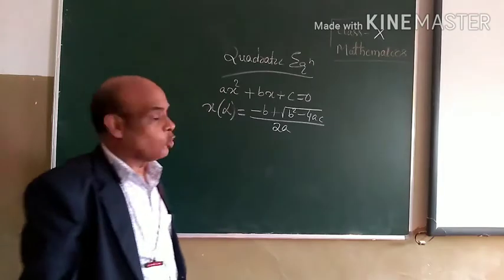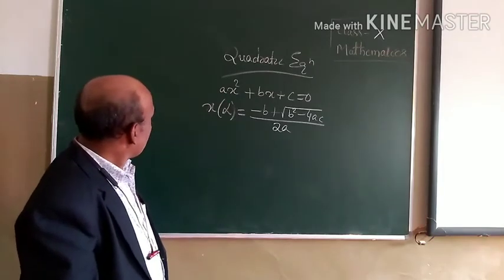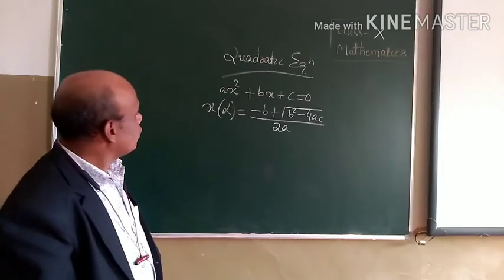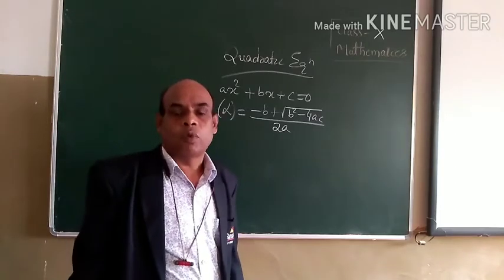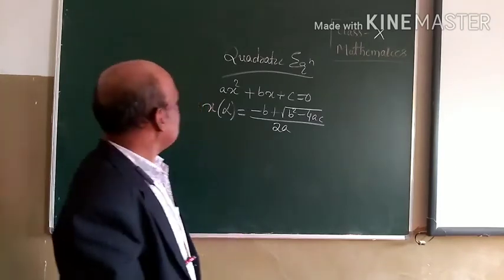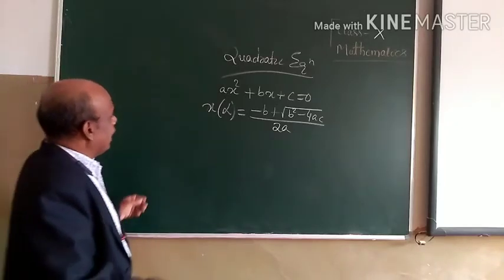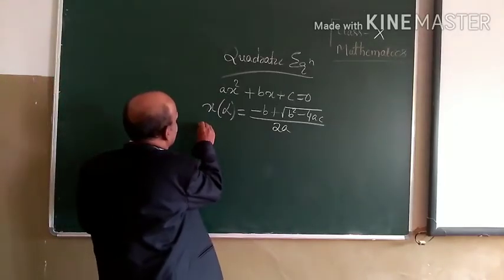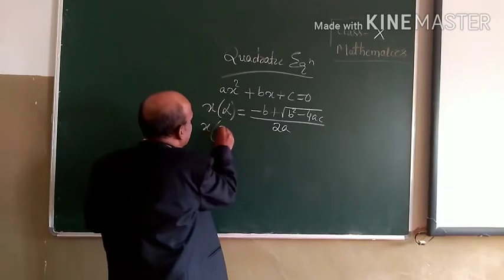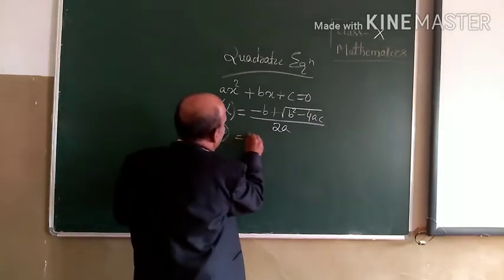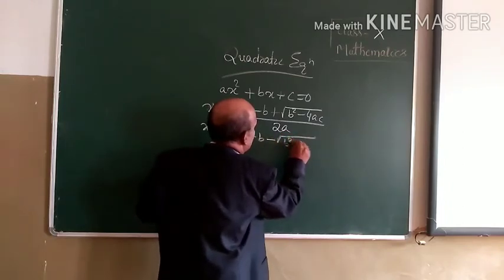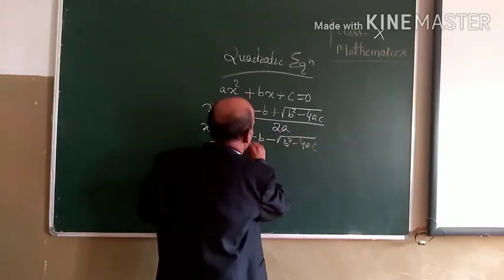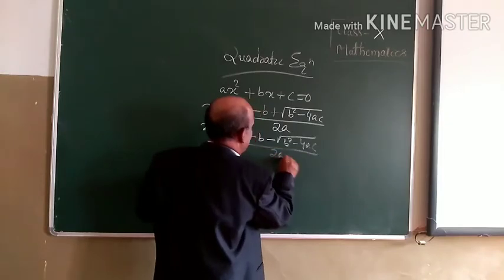This is the positive root of the quadratic equation ax square plus bx plus c is equal to 0, and the other is the negative value x beta, equal to minus b minus root of b square minus 4ac, divided by 2a.